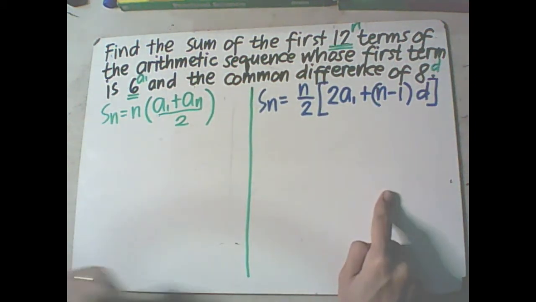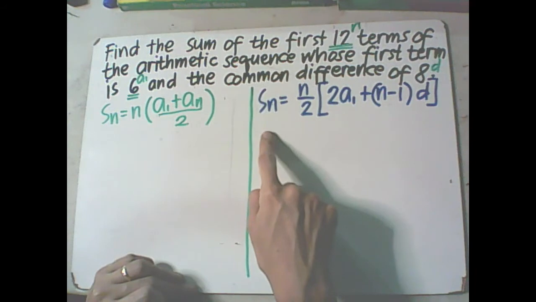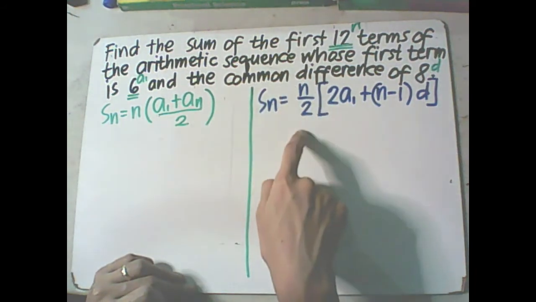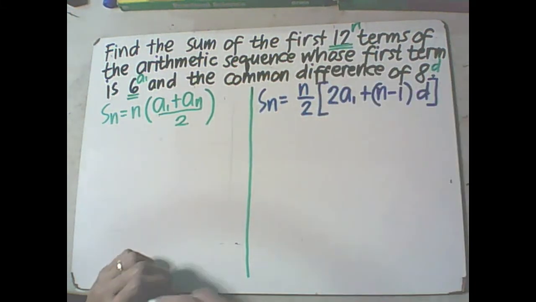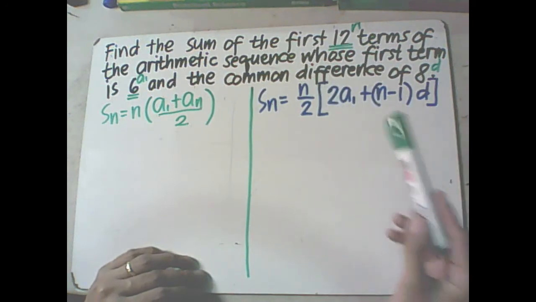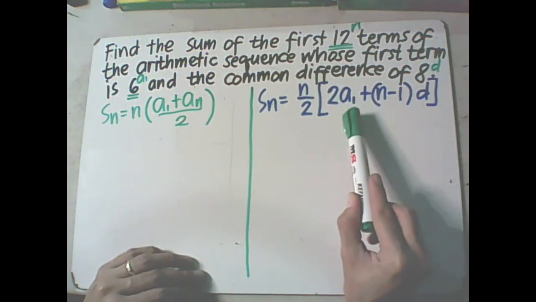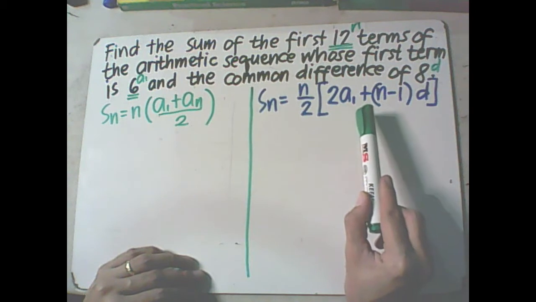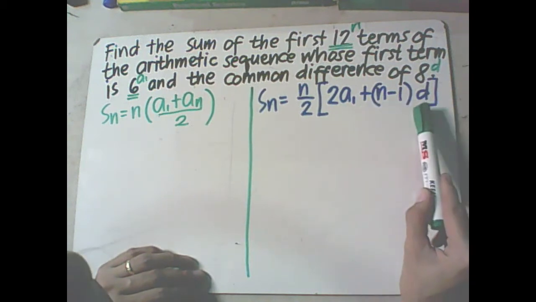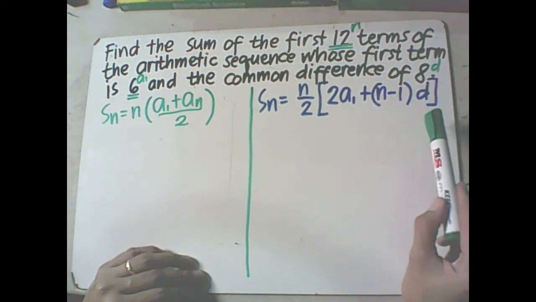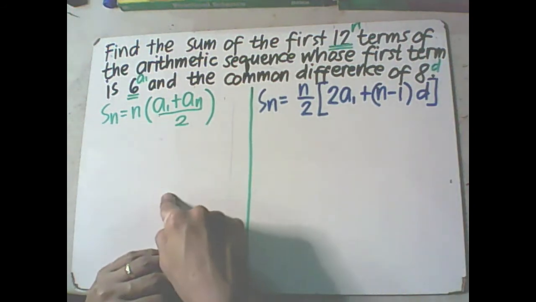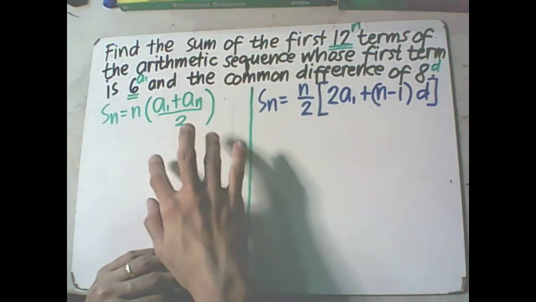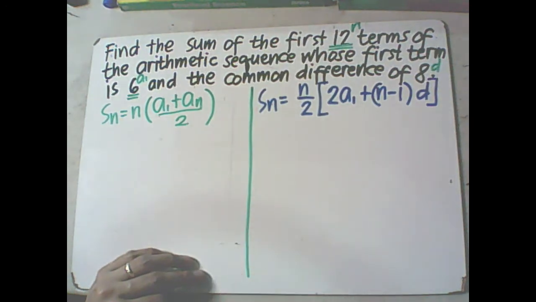However, on this side, we have the sum of terms, which is equal to n over 2, again, n represents the number of terms, a sub 1 represents the first term, and d is the common difference. So which of these two equations is the most comfortable to use?